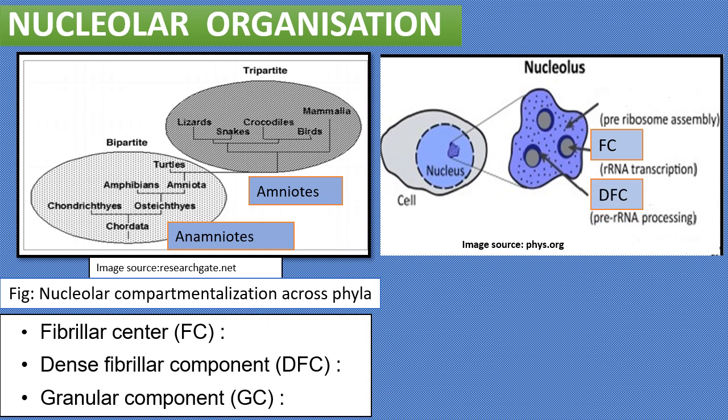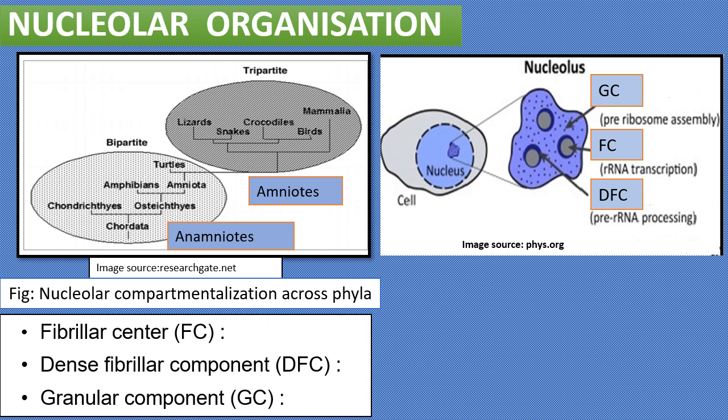The granular component appears to consist of small granules containing pre-ribosomal subunits, and in this region the assembly of ribosomal subunits takes place. So the fibrillar center, dense fibrillar component and granular component are different regions where progressive stages of ribosomal RNA transcription and processing take place.